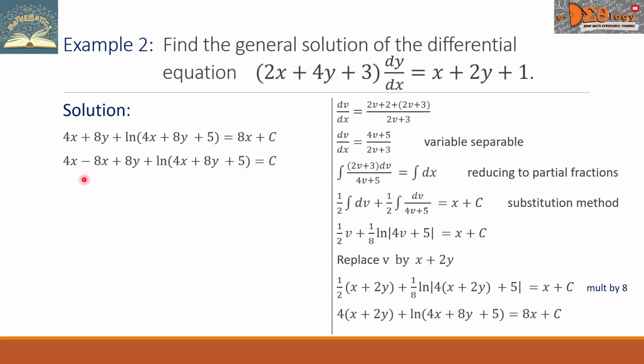When we combine this 4x minus 8x, we will get negative 4x. Take note here now that this negative 4x and positive 8y have a common factor, and that is 4. So we can write like this: 4 times the quantity 2y minus x plus the natural log value is here equals c.